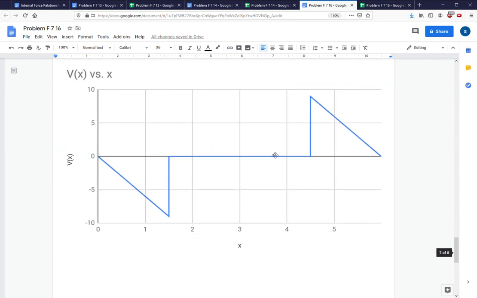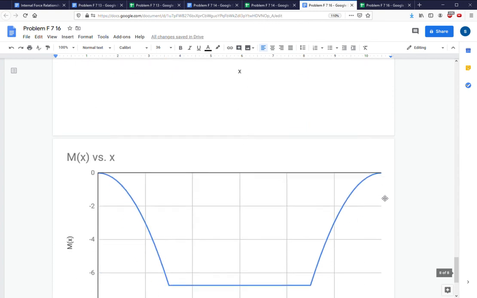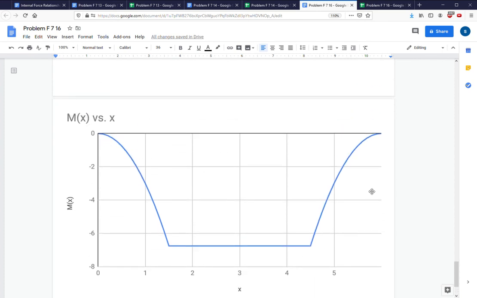Furthermore, from looking at the shear graph, we see that it should start at 0 and also with a 0 slope. It should curve downward, and then it should be steady for a while, and then it should curve upward, slowing down to getting to 0, and that's what we see here.